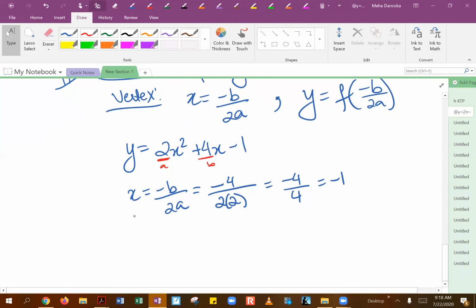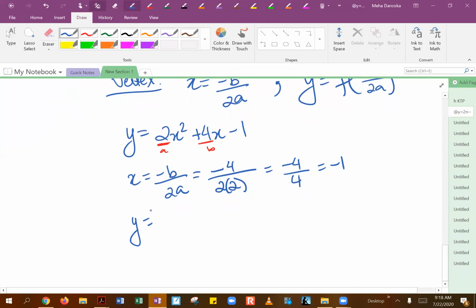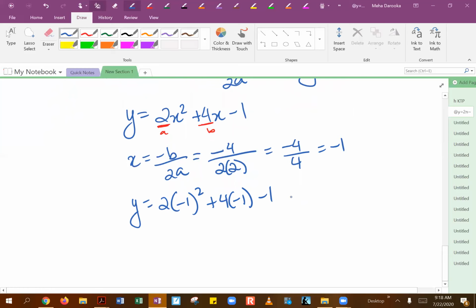And then put this back into your function to find the y value. So 2 times -1 squared plus 4 times -1 minus 1. Let's see, -1 squared would become +1. So +1 times 2 is +2. 4 times -1 would be -4, and then -1 over here.